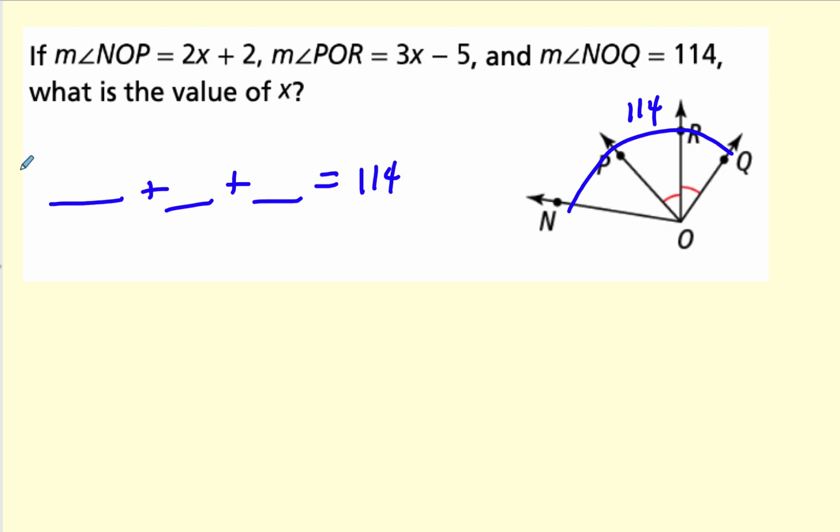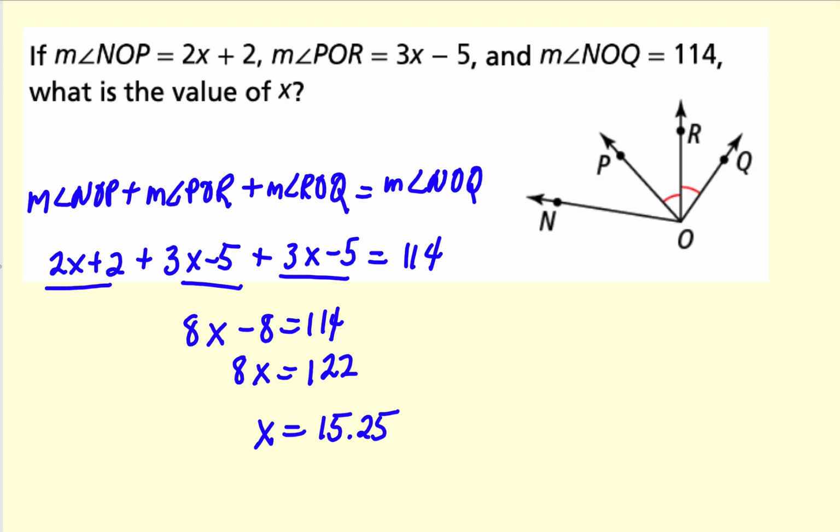And we can see NOP is 2x plus 2, and then these two are going to both be the same. And then the rest of the algebra looks like this. And then your answer is going to be 15.25.